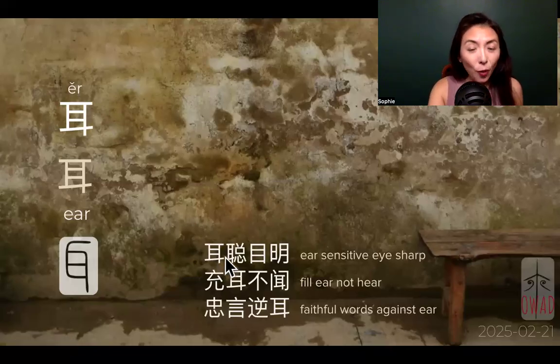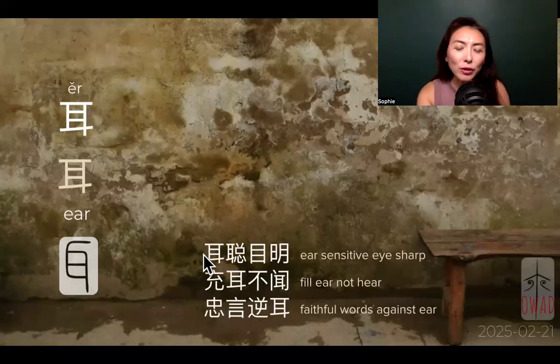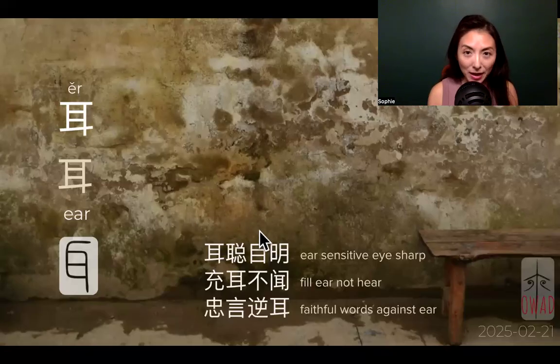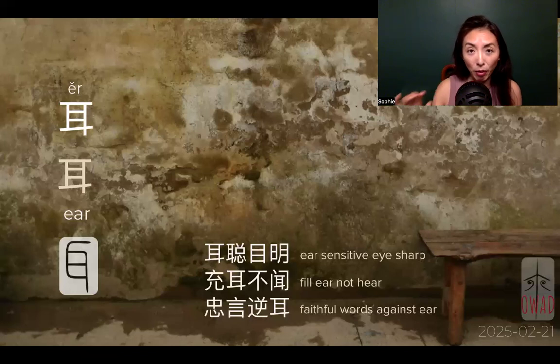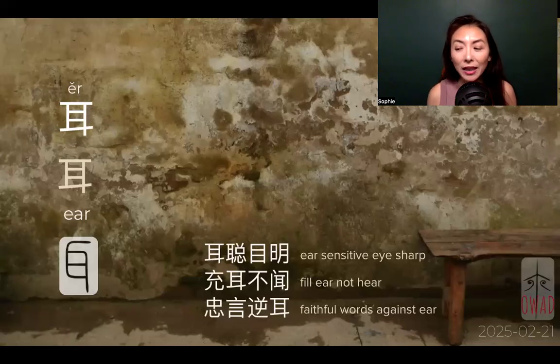Okay, 耳聪目明. Here we have both characters from yesterday and today, and Chinese describe the two with one adjective each. In contemporary medical care, when doctors look at a patient, one of the routine checks is to make sure you have the sight and the hearing, perfect, or if not perfect, at least measured so that you know where you land, how much hearing or sighting capacity you have, right?